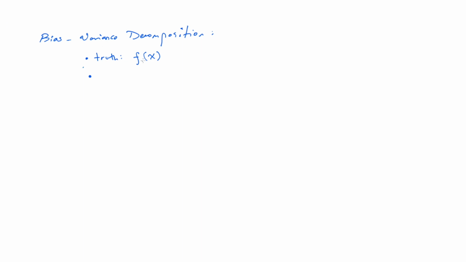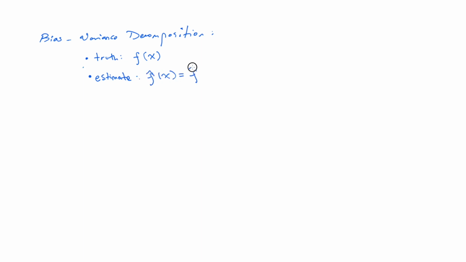So here I'm just going to assume that we're going to talk about functions because I want to look at the bias variance decomposition most widely seen in machine learning. And we have our estimate, f hat of x.